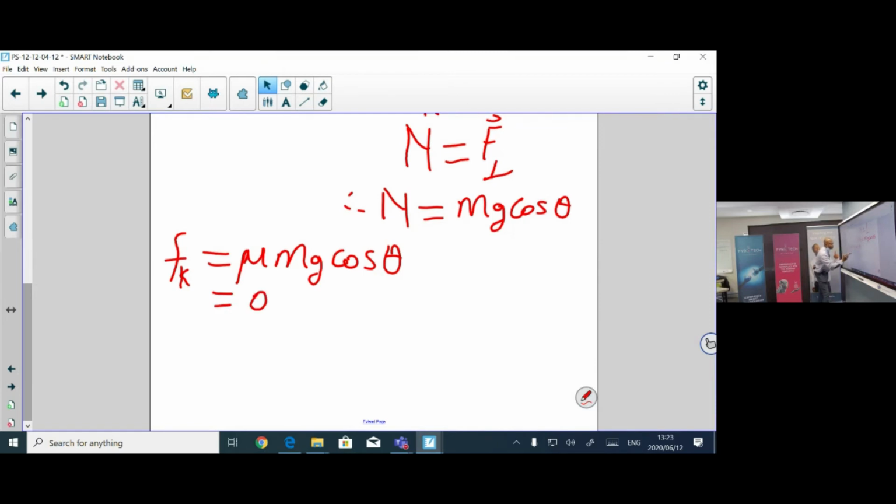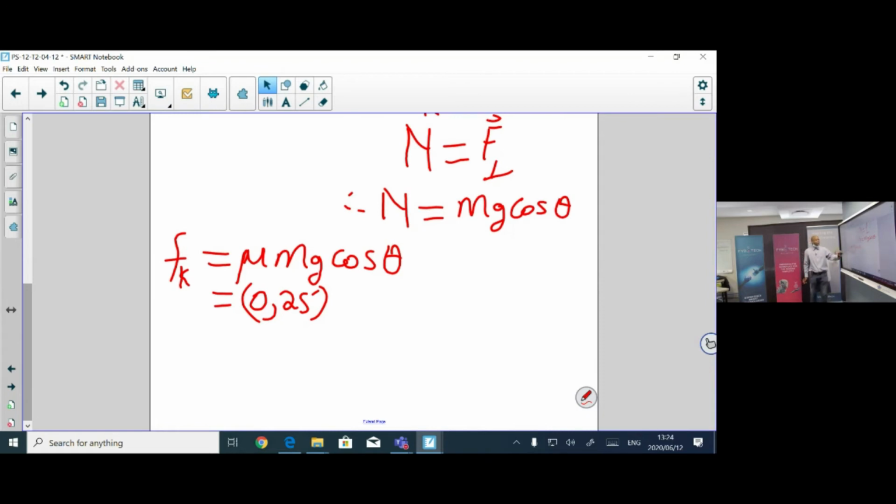This mu is given as 0.25. They didn't give us the unit of mu. Why didn't they give us the unit? It has no unit because it's a ratio of forces.